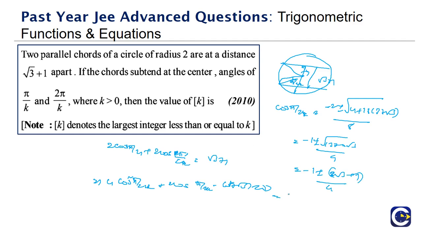So cos pi by 2k is equal to √3 by 2 or minus of √3 plus 1 by 2. They gave that pi by 2k is an acute angle, which implies that cos pi by 2k must be equal to √3 by 2. Therefore it is pi by 6. So 2k is equal to 6, and k is equal to 3. So the final answer for this question is 3.